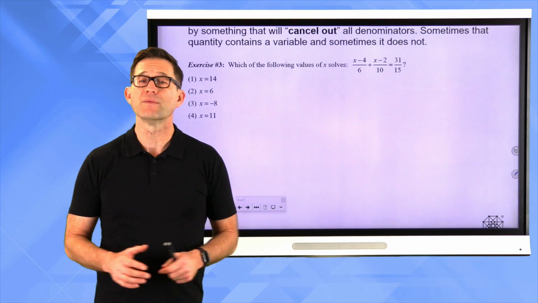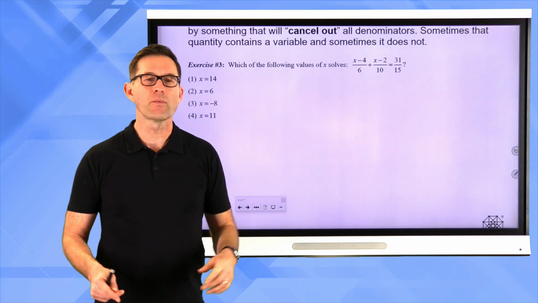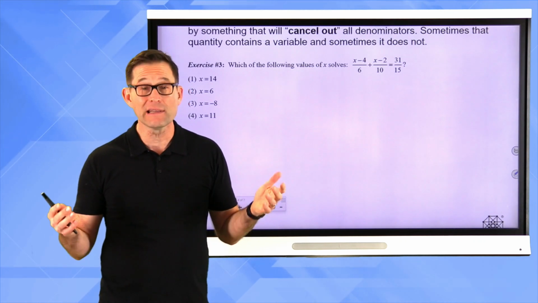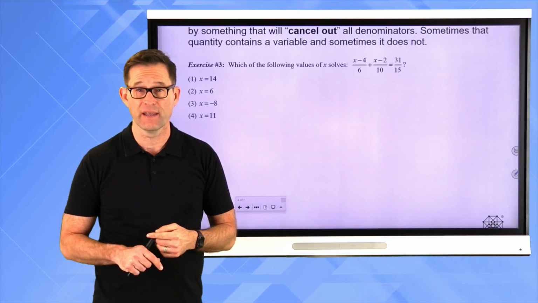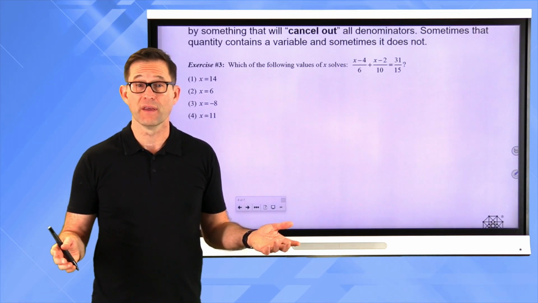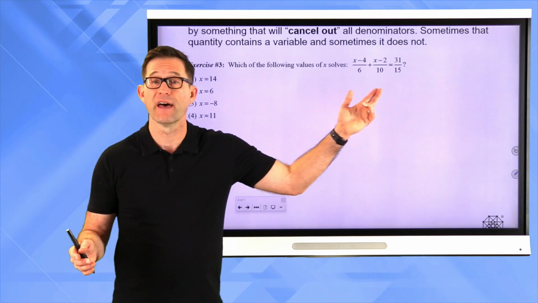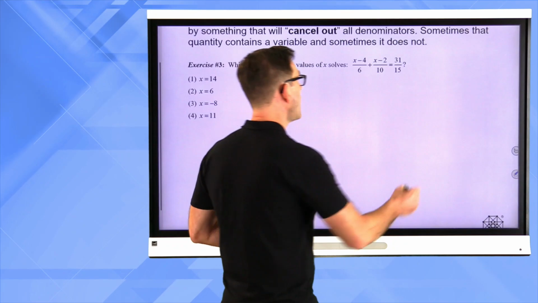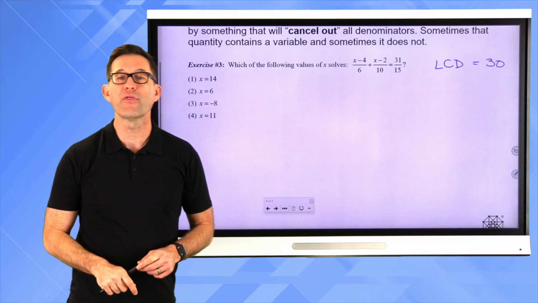Awesome, right? So I'm looking at 6, 10, and 15, and I really just need any number, literally any number, that all three of those things would divide into. Now, that would be a common denominator of all three, 6, 10, and 15. But the least common denominator, if I were going to add those three fractions together, would be 30.